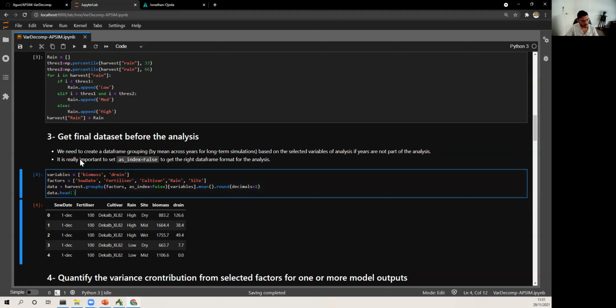So basically, this step is really important to get the final data frame in the way that the code will work.